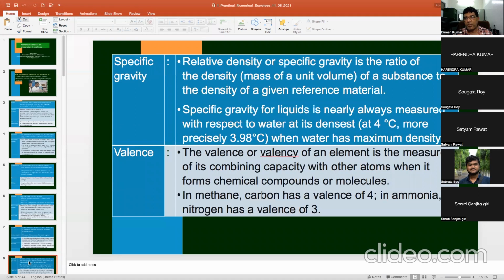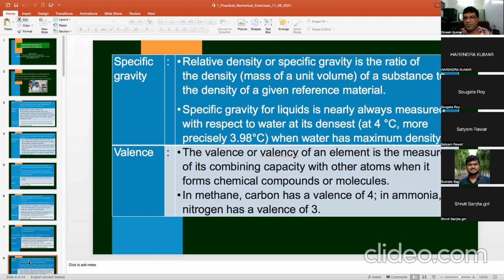Specific gravity, this is important, particularly for preparation of solutions in the laboratory. Relative density or specific gravity is the ratio of the density. What is density? Mass of a unit volume. How much is the mass or weight of a unit volume of a substance compared to the density of a given reference material.